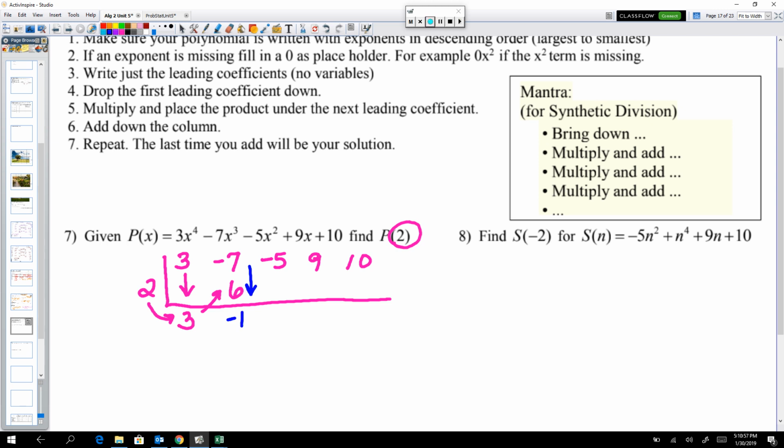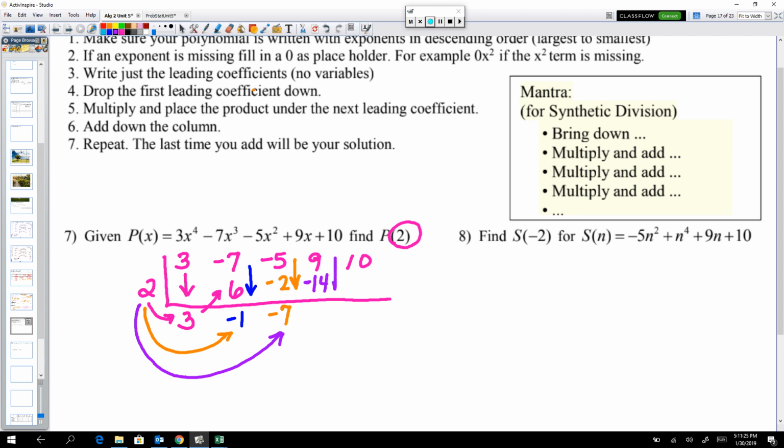Now, we're going to multiply up again. 2 times negative 1 goes up here. Now I'm going to add down. Negative 5 and negative 2 is negative 7. Now I'm going to multiply up again. 2 times negative 7 goes up here as negative 14.